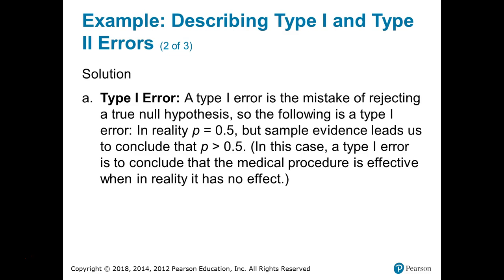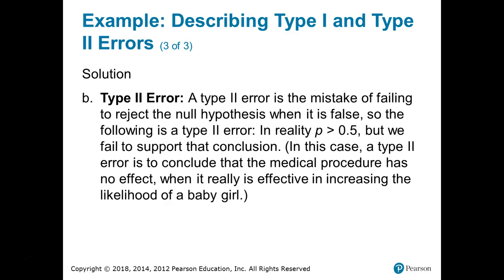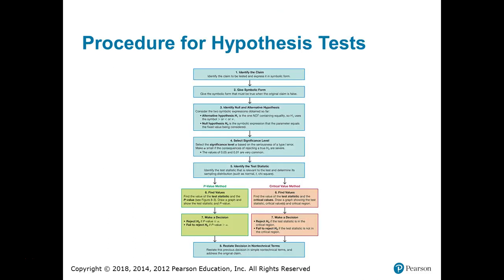Type 1 error is the mistake of rejecting a true null hypothesis. Type 2 error is the mistake of failing to reject a null hypothesis when it is false. So the following type 2 error: in reality, P is greater than 0.5, but we fail to support that conclusion.